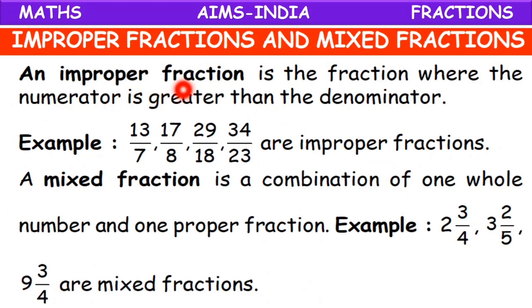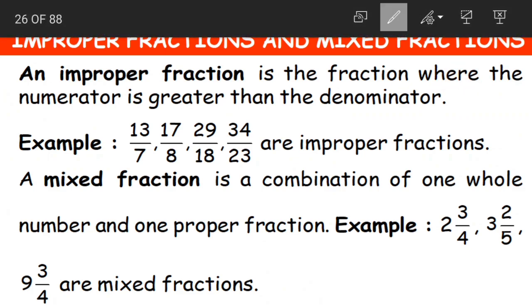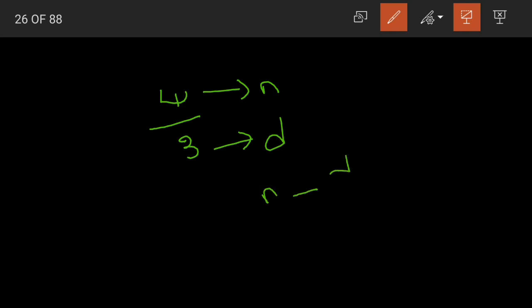Next we have improper fractions and mixed fractions. We've already learnt about improper fractions, right, children? What is an improper fraction? Suppose we have a fraction like this, 4 by 3, where 4 is the numerator and 3 is the denominator. What is the comparison between these two? Here the numerator is greater than the denominator.